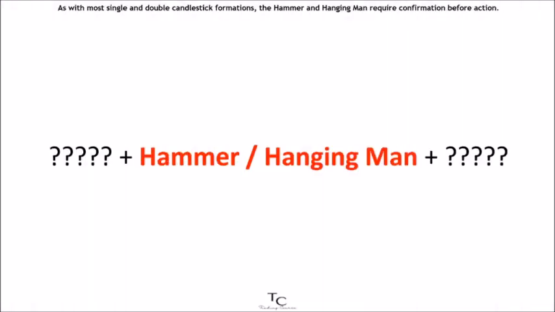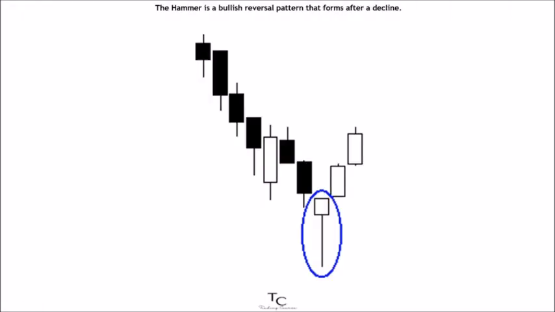As with most single and double candlestick formations, the hammer and hanging man require confirmation before action. The hammer is a bullish reversal pattern that forms after a decline. In addition to a potential trend reversal, hammers can mark bottoms or support levels. After a decline, hammers signal a bullish revival.